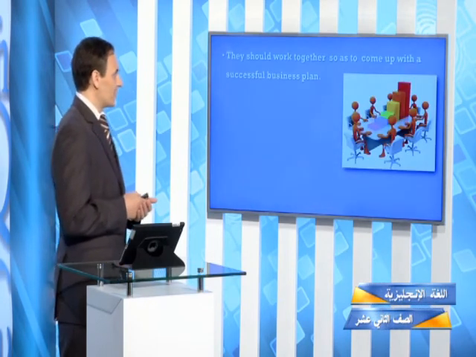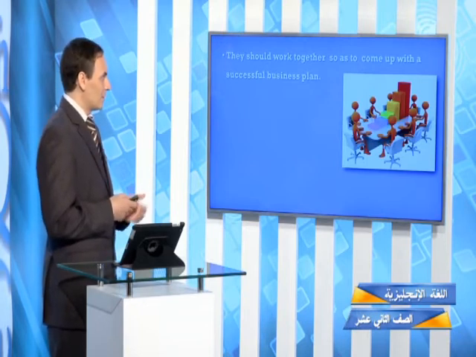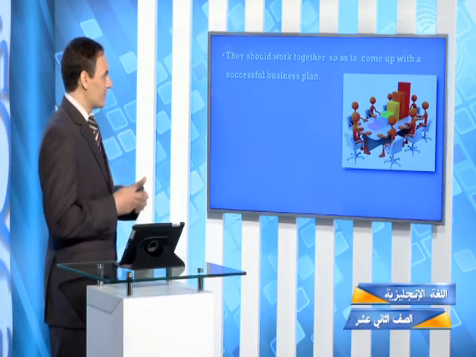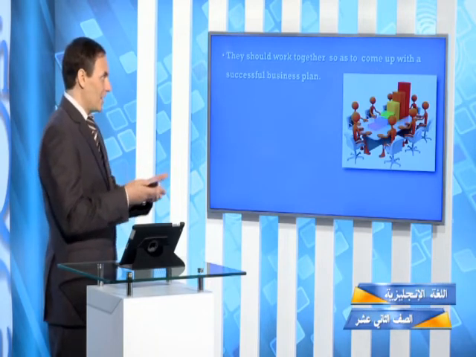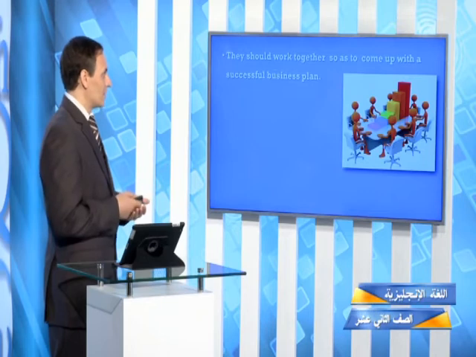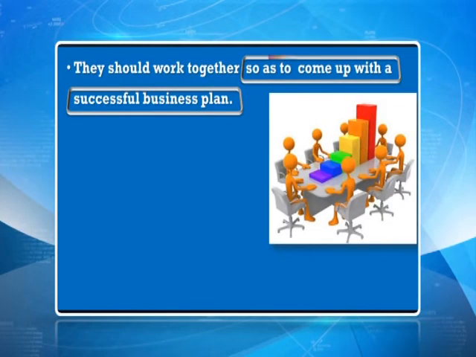They should work together so as to come up with a successful business plan. Now notice that coming up with or devising a successful business plan is their aim or their purpose. So this is the purpose. To introduce this purpose, we use the expression so as to.